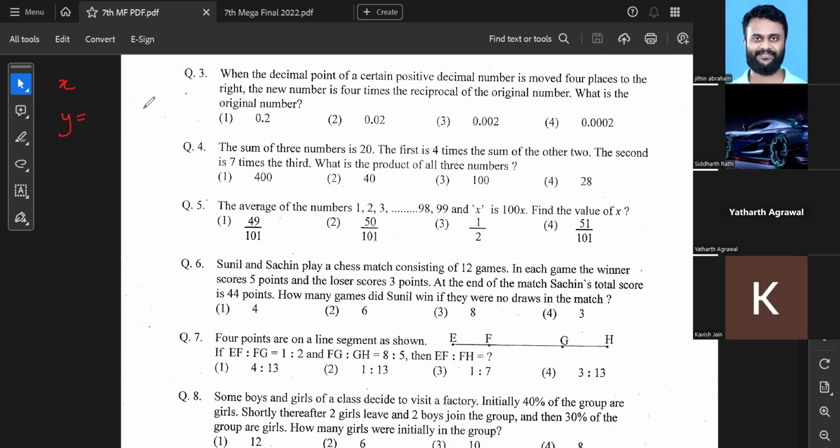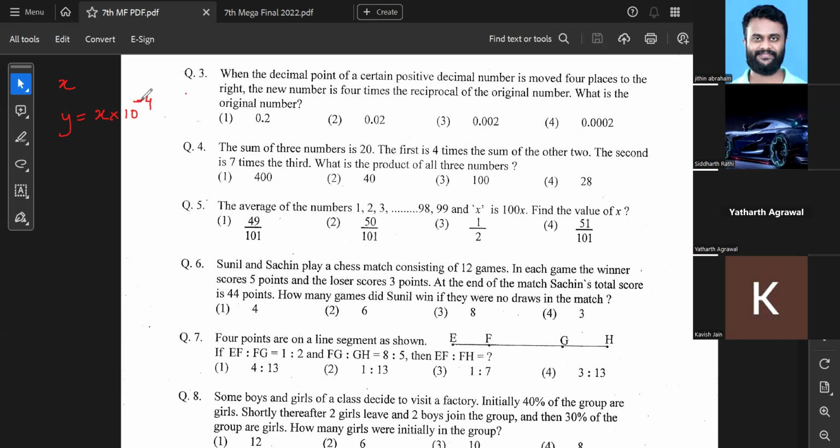How did we get the new number? You got the new number by moving the decimal point 4 places to the right side.